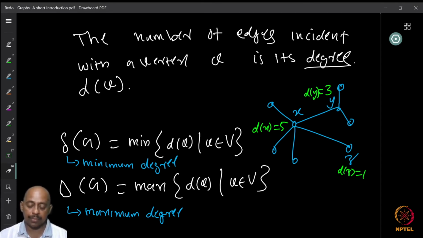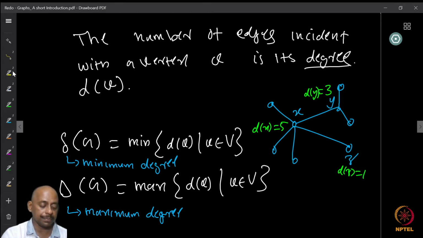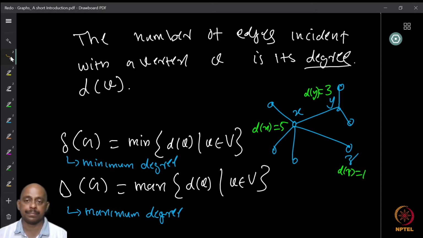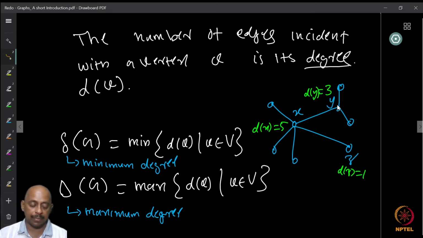So you have this graph drawn here, and in this graph, I have the vertex y, let's say. If I pick y, the vertex y has 3 edges incident with it. You can see from the picture. That is the advantage of using the picture.